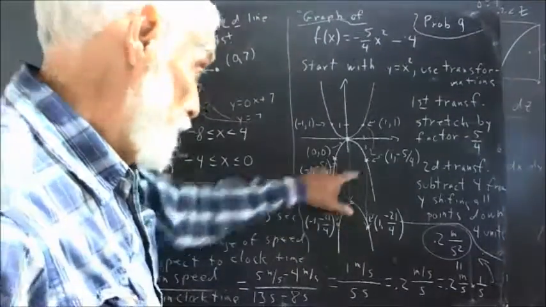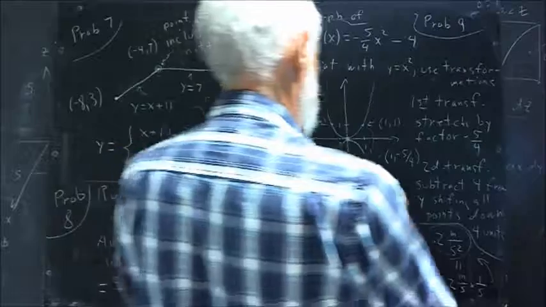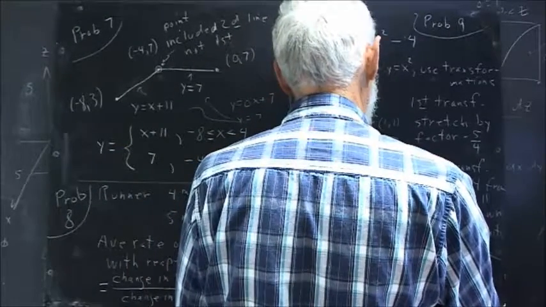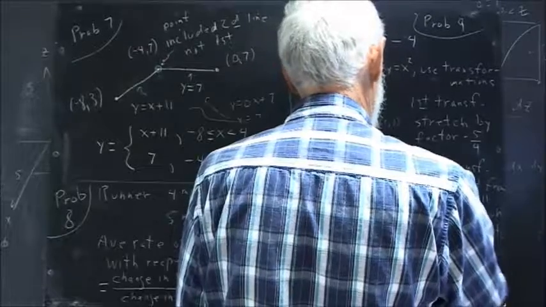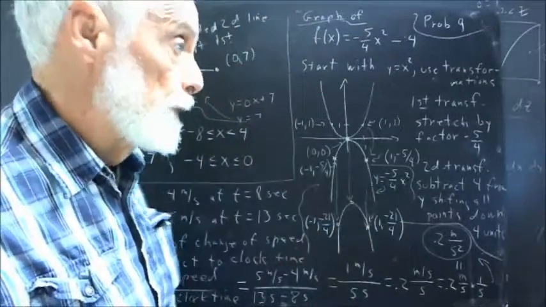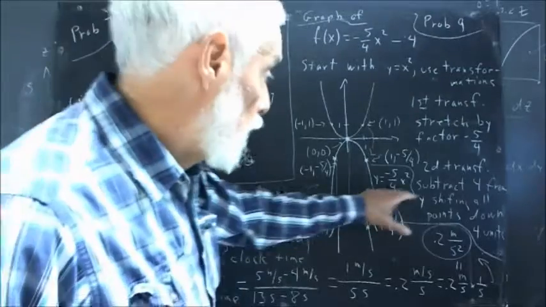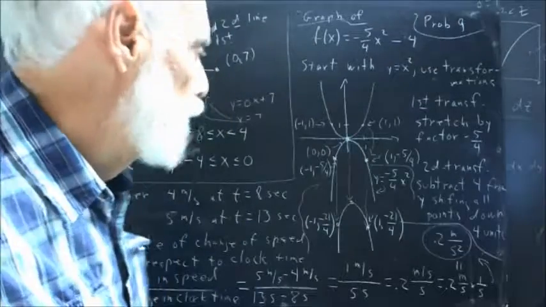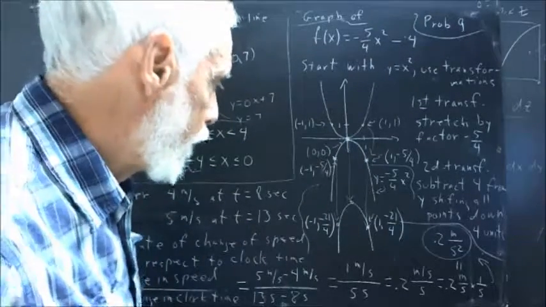Now, this function here is y equals -5/4 x squared, multiplying all the values of the x squared function by -5/4, flipping it upside down, stretching it a bit.